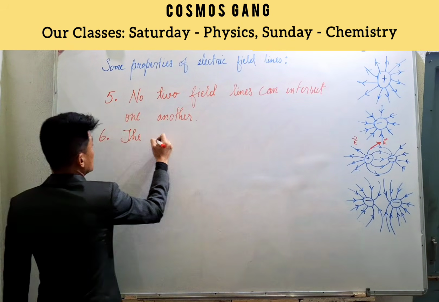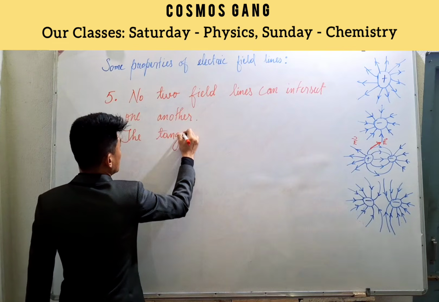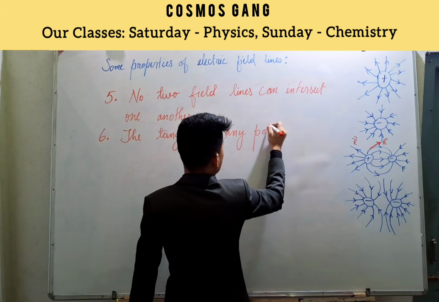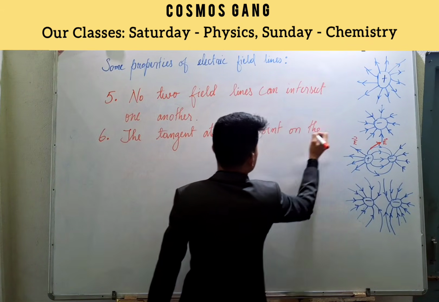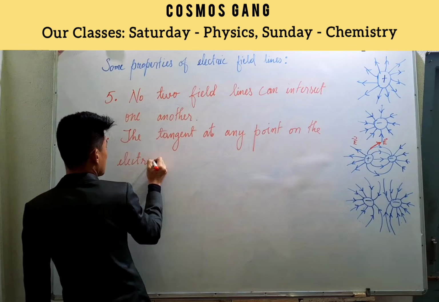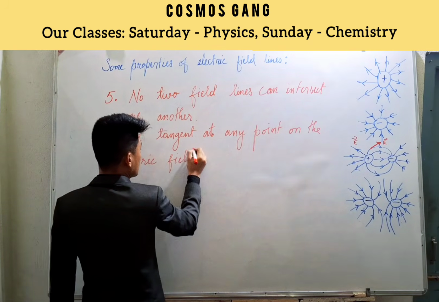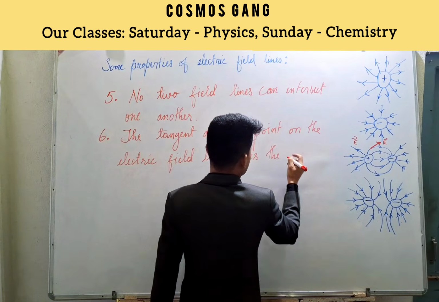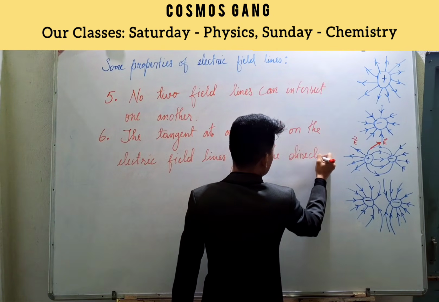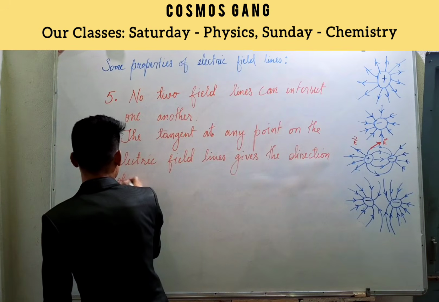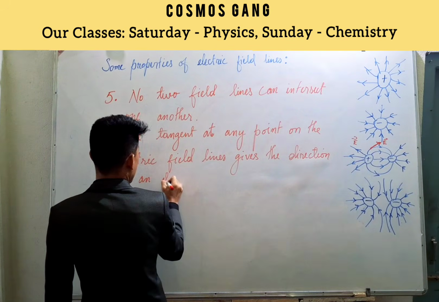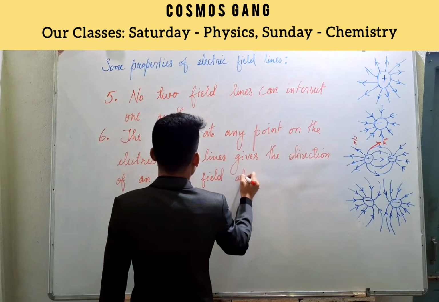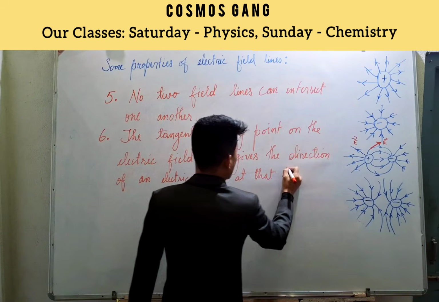So the tangent at any point on the electric field line gives the direction of the electric field at that point.